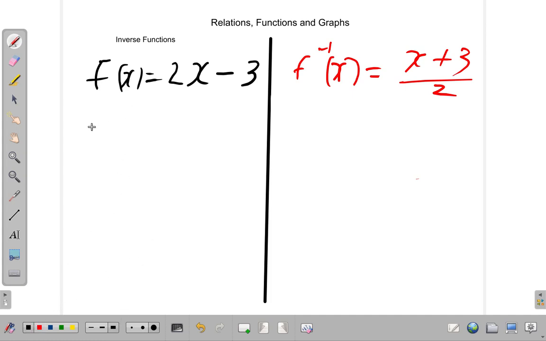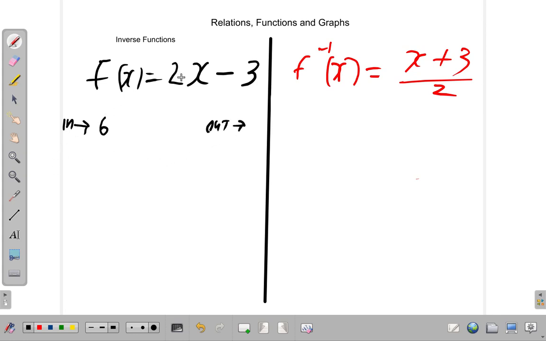If you put a number into the function, you get an answer. Let's put in any number. Let's put in 6 into the function and out comes what?